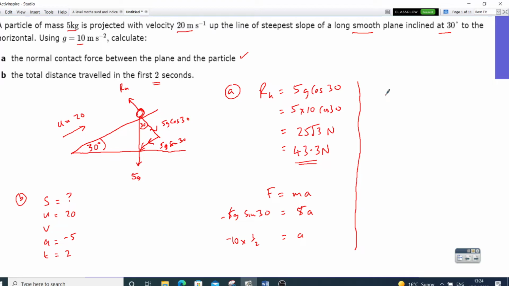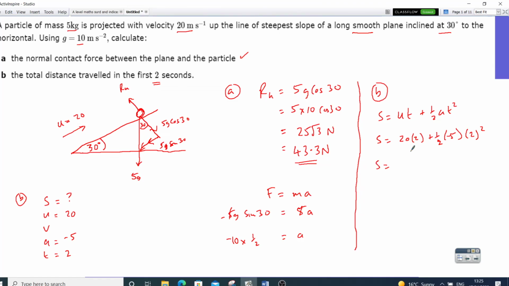So just going to put a line down here and do part B. We've got u, we've got a, we've got t, and we want to find s. So I'm going to use this formula, s equals ut plus half at squared. So the displacement after 2 seconds is going to be 20 multiplied by 2 plus a half times minus 5, its acceleration, times 2 squared.